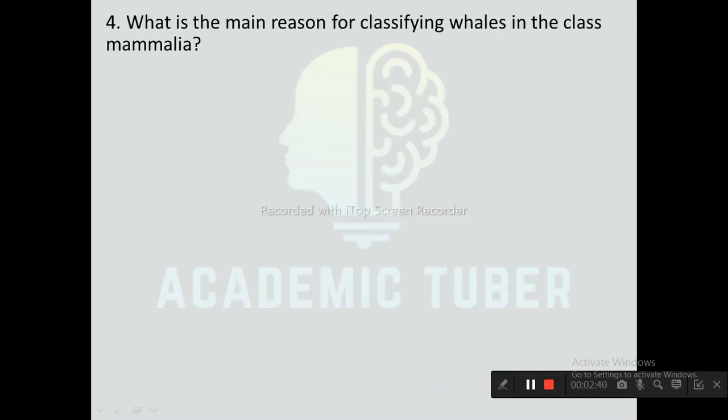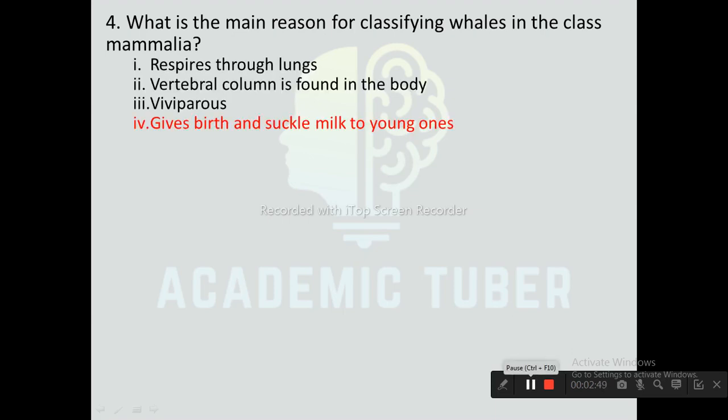Next one, what is the main reason for classifying whale in the class Mammalia? And the options are: respire through lungs; vertebral column is found in the body; third one is viviparous; and the last one is gives birth and suckles milk to young ones.